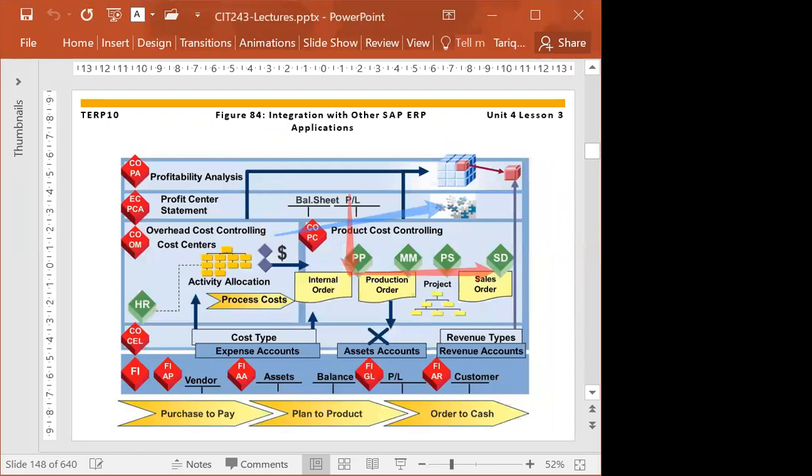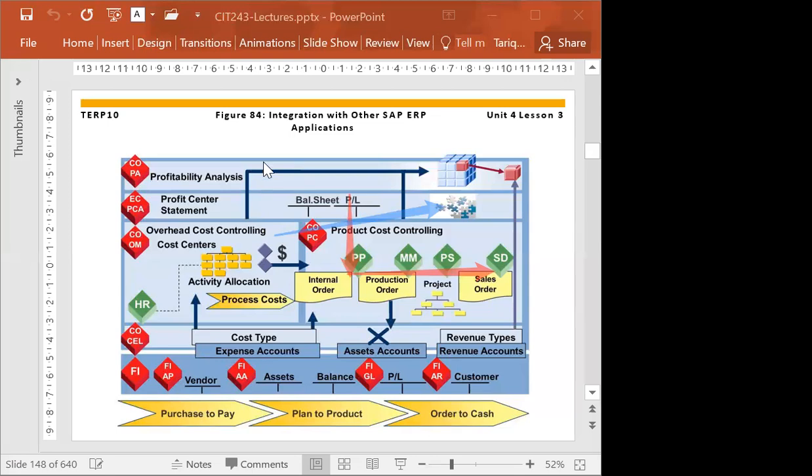Now, again, basically finance is the primary source of all transactions going to the controlling. All the expense posting in the GL ends up in the controlling.